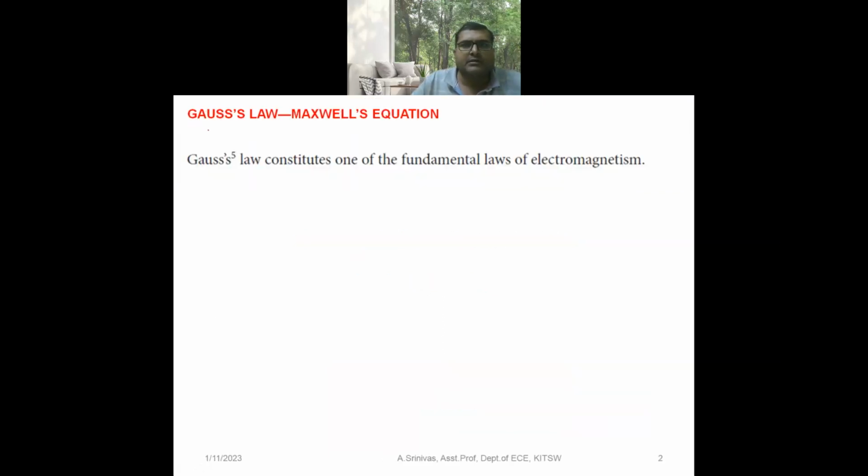Gauss law constitutes one of the Maxwell's equations, and it is a fundamental law of electromagnetism.